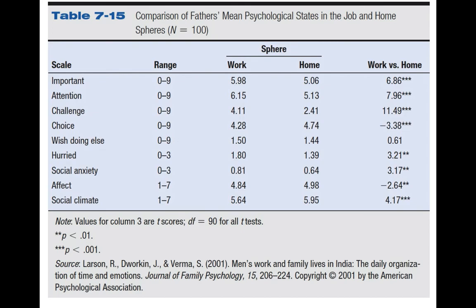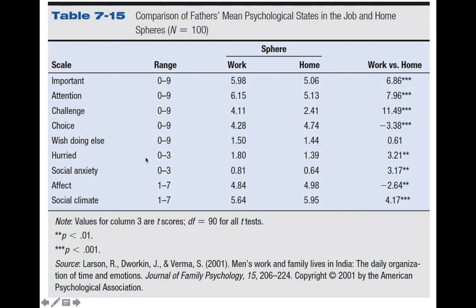This is from the chapter, but this is something that in reading published research is a place that you might encounter the results of a t-test for dependent means. What's being reported here are fathers' mean psychological states, as average psychological states, in the job and at home.